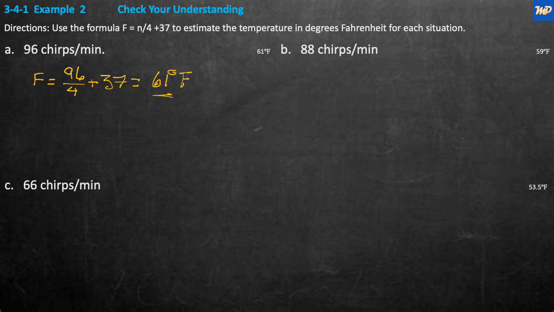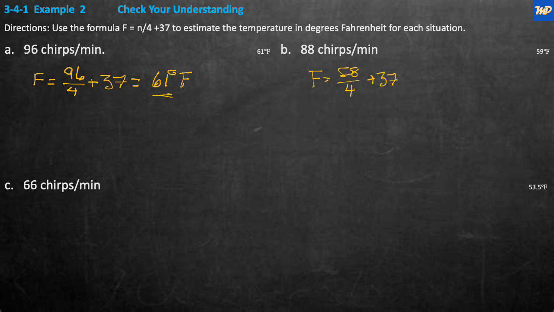Okay? Let's try B. F is equal to 88 divided by 4, chirps per minute. Okay? Something's not right here. Oh, no, I'm sorry. I'm reading it wrong. 88 chirps per minute, so it's plus 37.